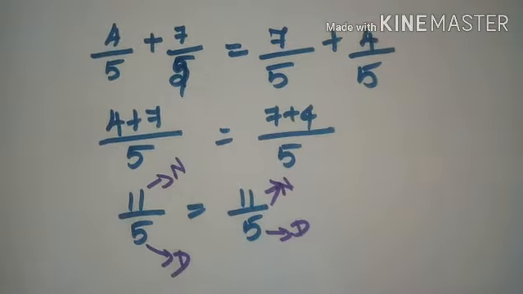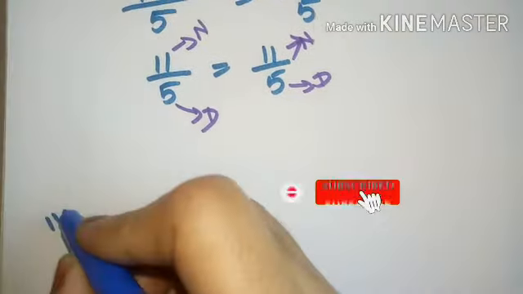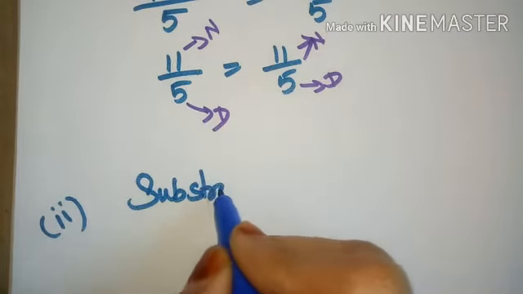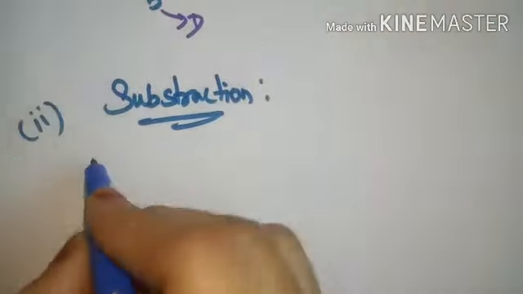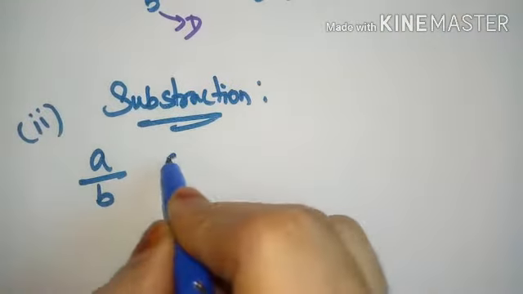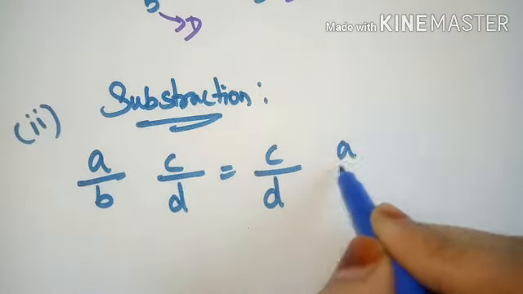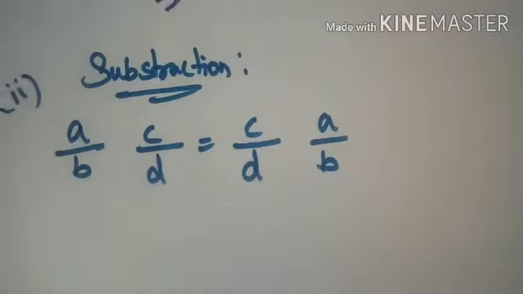Next we are going to check subtraction. Check whether subtraction is satisfied in rational numbers or not. The same terms: A upon B, C upon D is equal to C upon D, A upon B. The same two fraction numbers we have to write here also.